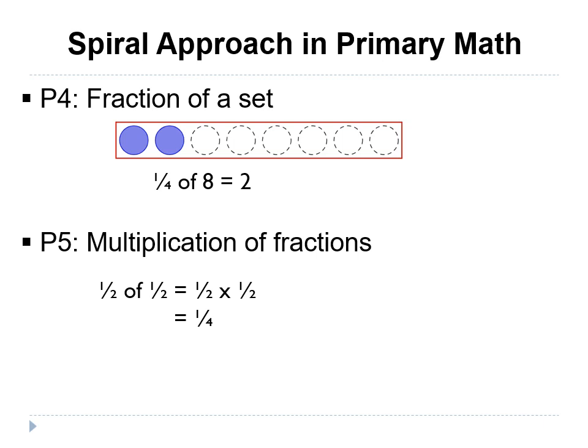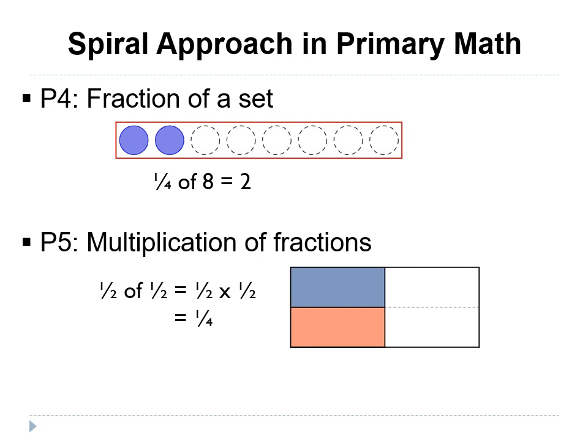So half times half equals 1/4, like what we have in the diagram here. Then in primary 6, they will continue with division of fractions. So you'll notice that within the same topic, the level of difficulty is getting higher. So basic concepts and basic understanding are very important.